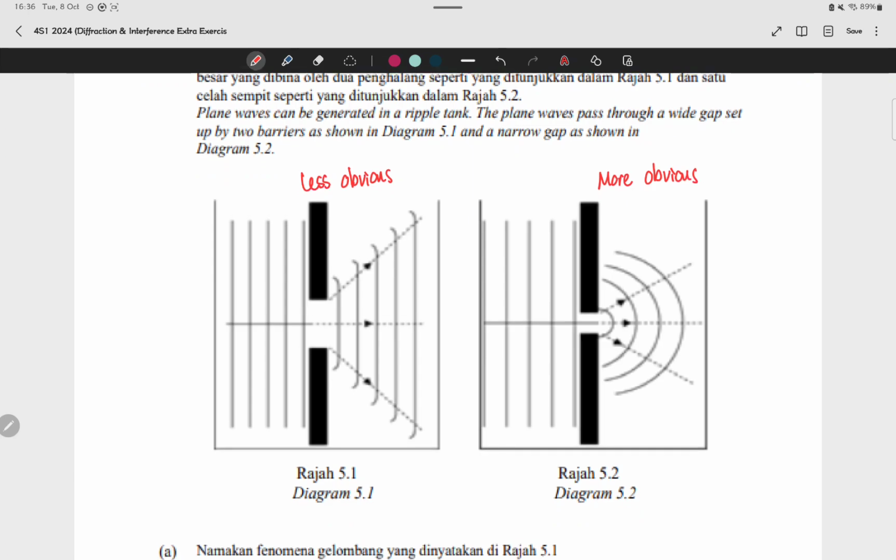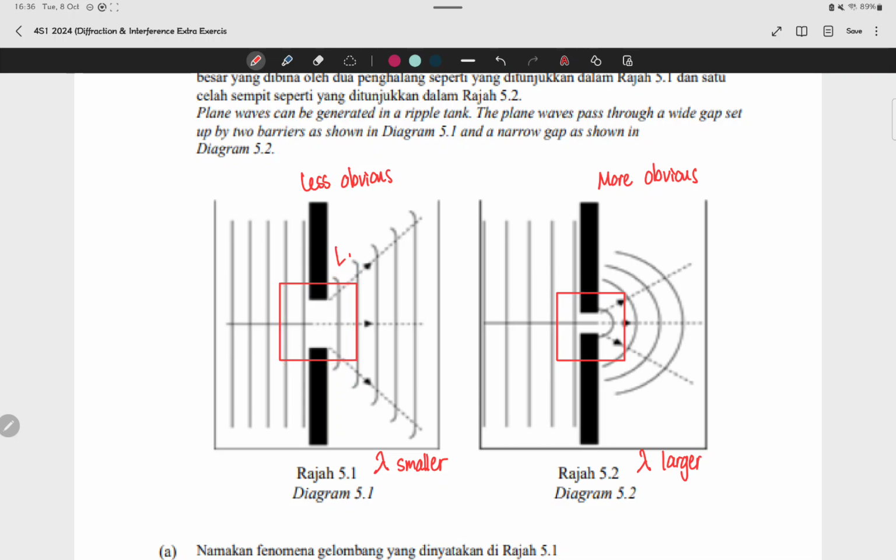Then we can also see from the diagram that the wavelength in diagram 5.1 is smaller compared to 5.2. So straight away you write it down on the diagram itself. Then we can also observe the size of the slit.